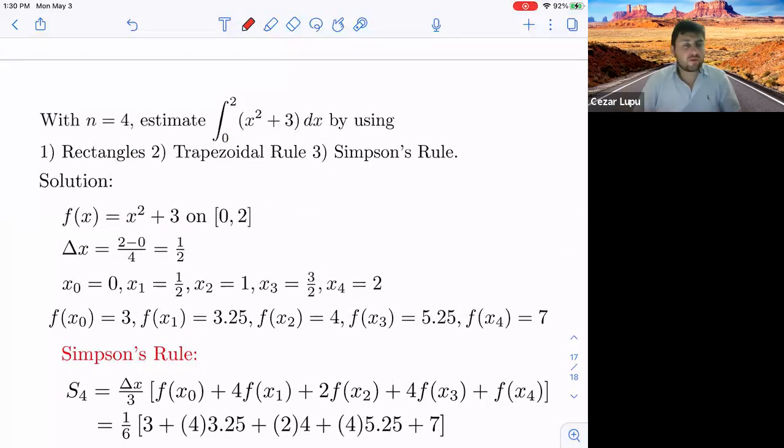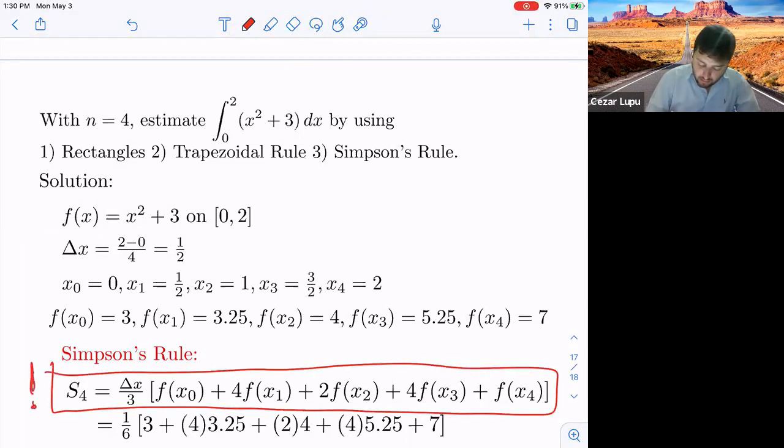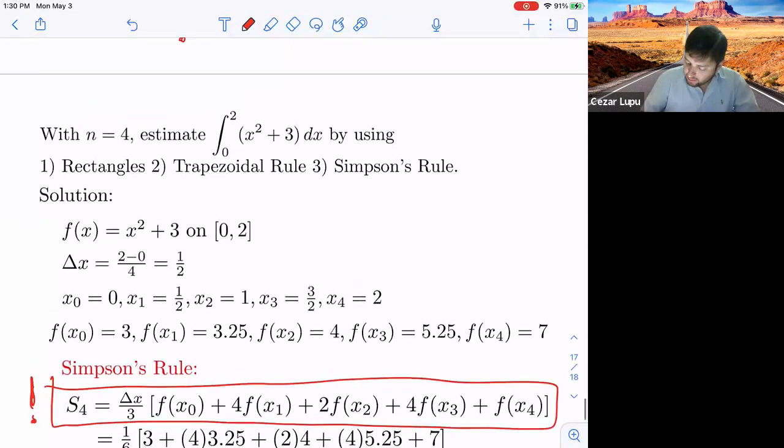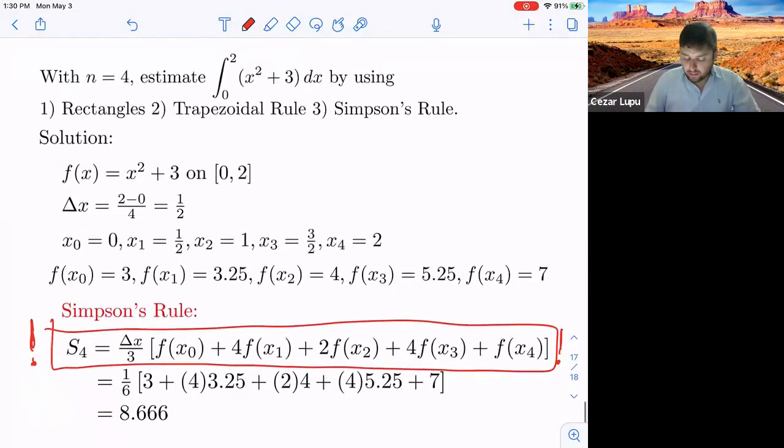By doing the same thing, replacing this, right? So Simpson's rule, which is this thing over here. You'll get, by doing the algebra, 8.6666.